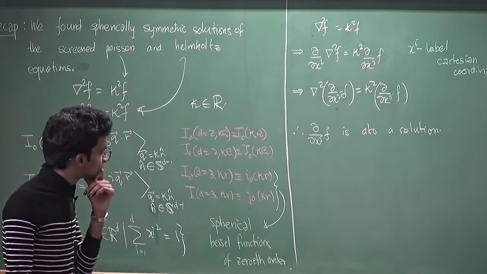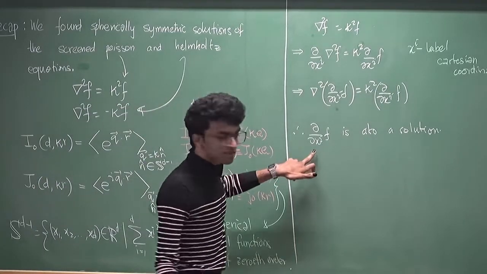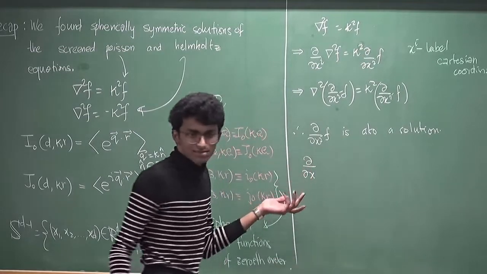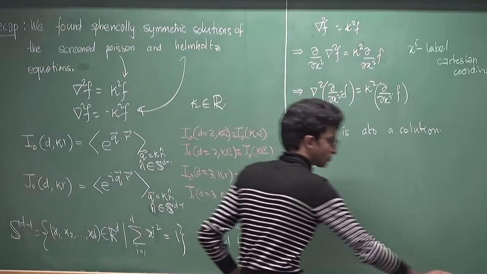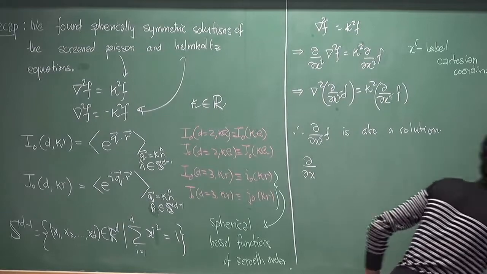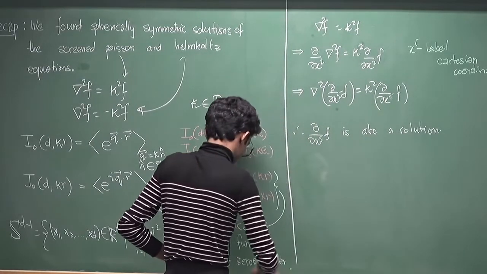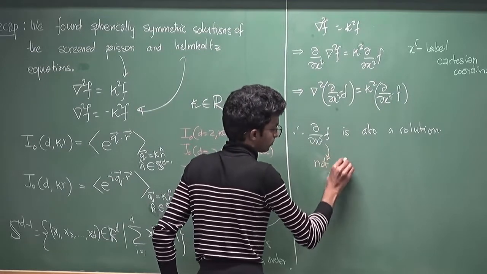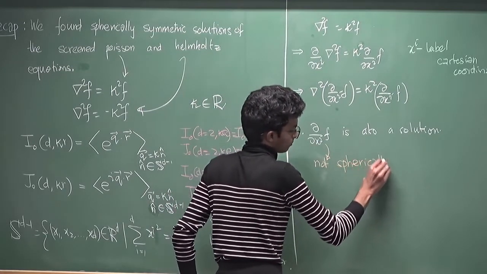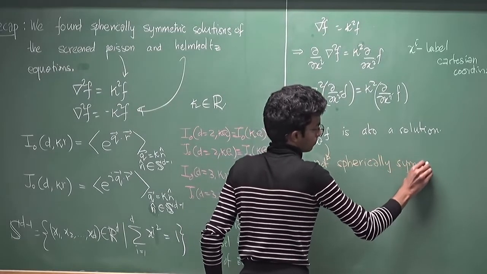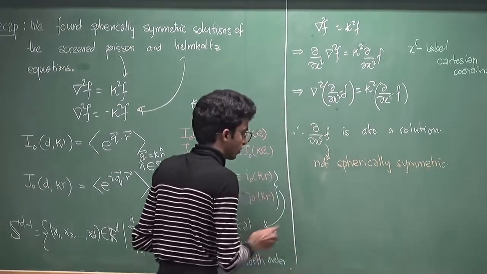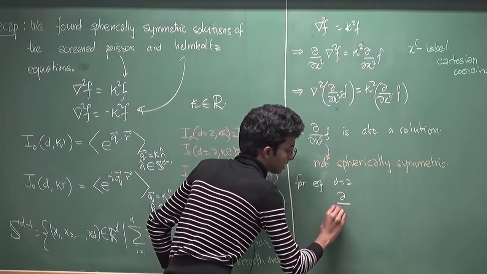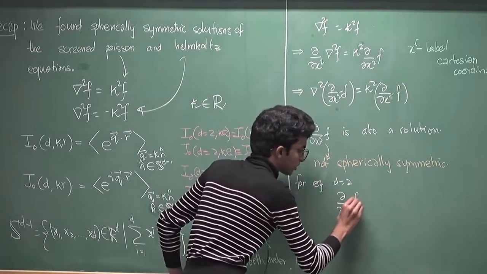Now this solution is not spherically symmetric, notice. Say you take x for simplicity, in 2 dimensions. For example, let's consider d equal to 2 and let's consider del x of some solution.